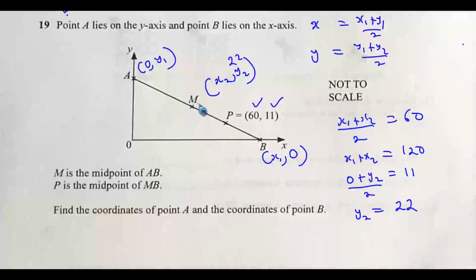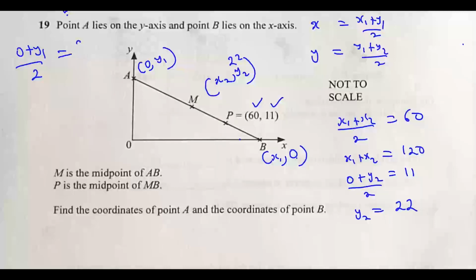Since you know this, don't forget that point M is the midpoint of line AB. So you can do the same thing to get the coordinates of point A as well. That is 0 add y1, divided by 2, should give you this y2 here, because y2, which is 22, is the y coordinate of the midpoint of line AB.